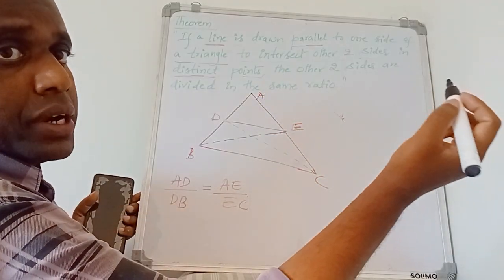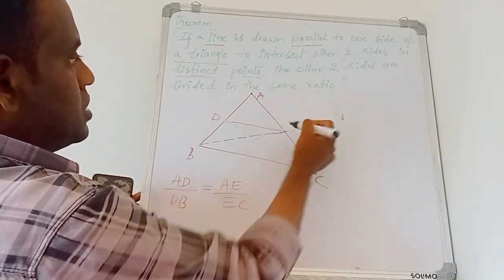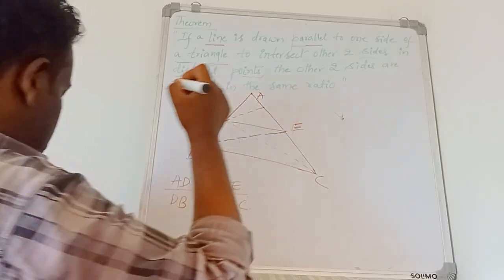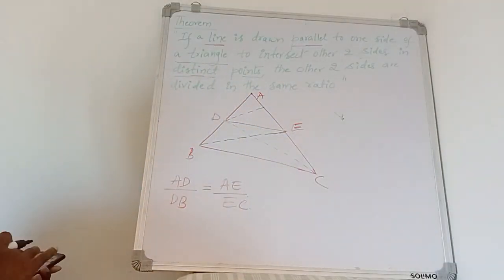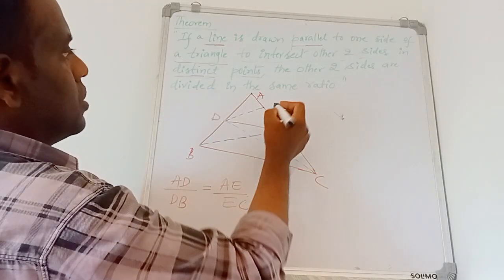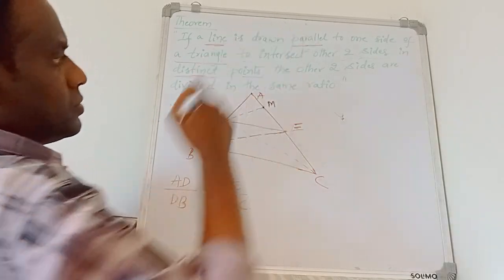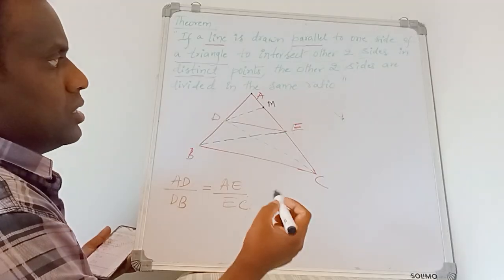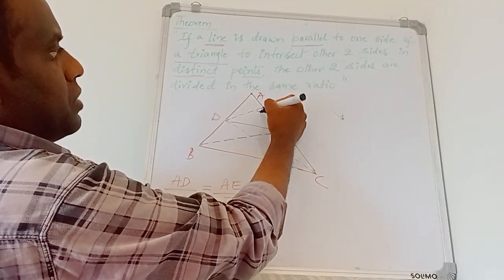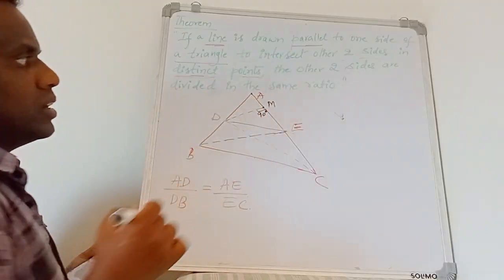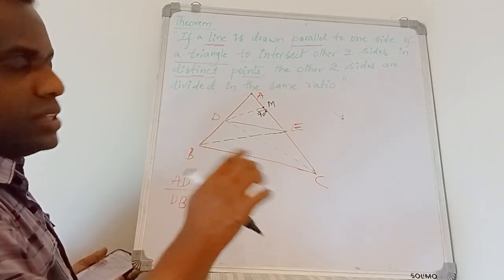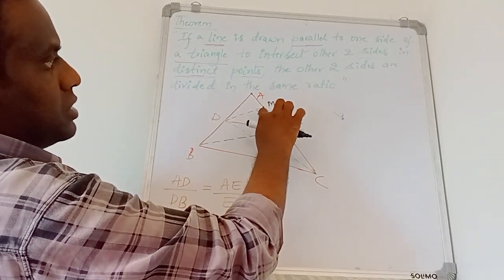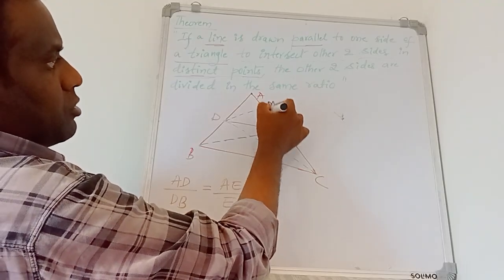We have to draw a perpendicular line to this AC from D. Now I will take this point as M. See, this is perpendicular to AC, so here we have 90 degrees.